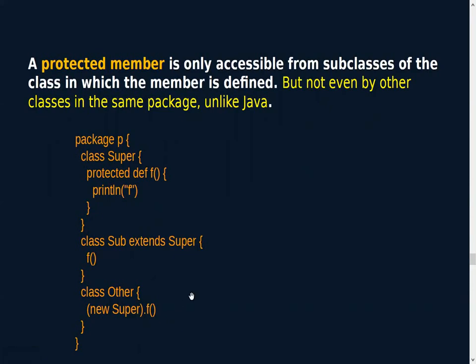But if I have any other class which is not extending Super, then that will not be able to access it. You will get an error message. In Java, if Other and Sub are part of the same package, then you can access them. But here, protected means only the subclasses of that class can access that function.